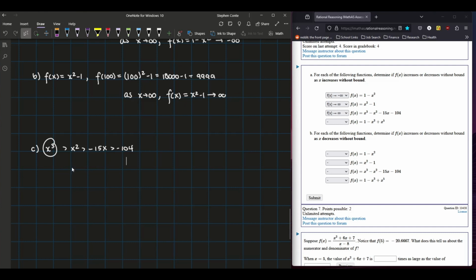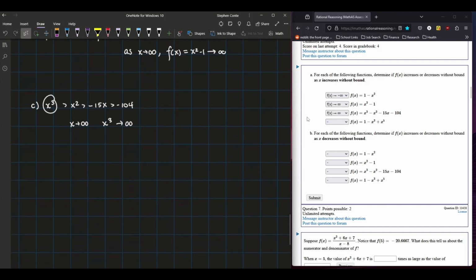So if I input a large value of x into the x cubed term alone, that would tell us what happens to the function as x tends towards infinity. So yes, if I input like 100 cubed into here, well, if 100 squared is 10,000, then you have 10,000 times 100 again, which is going to be an even larger number, right? So as x tends to infinity, this entire function also has to tend to infinity.